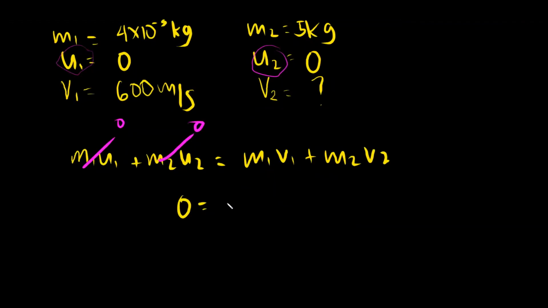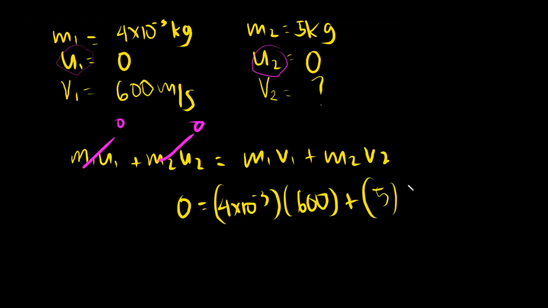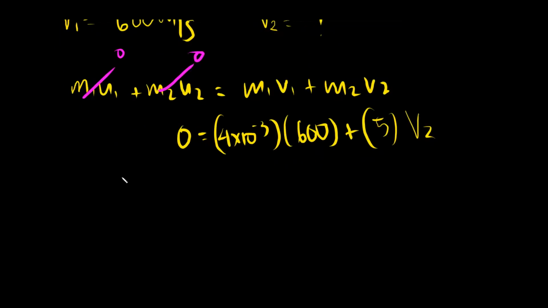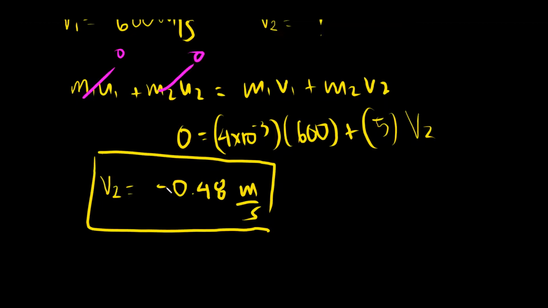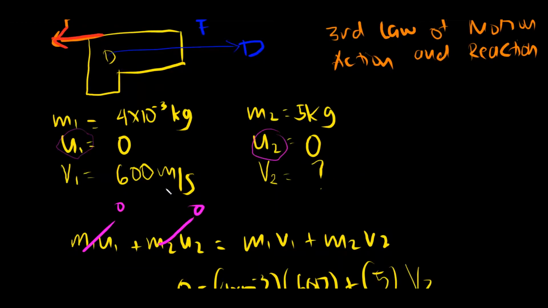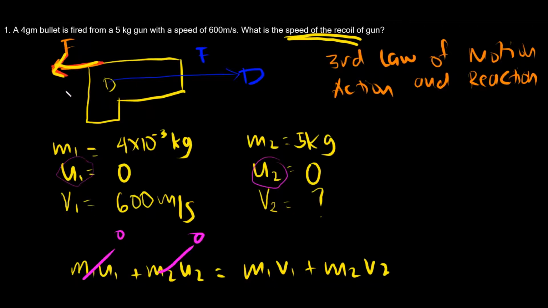So, 0 is equal to, mass 1 is 4 times 10 raised to negative 3, velocity 1 is 600 meters per second, plus mass 2 is 5, velocity 2 is v2, the unknown. So, one equation, one unknown, solving for v2, you get negative 0.48 meters per second. Okay, answer. Take note, the negative sign means the movement is backward.